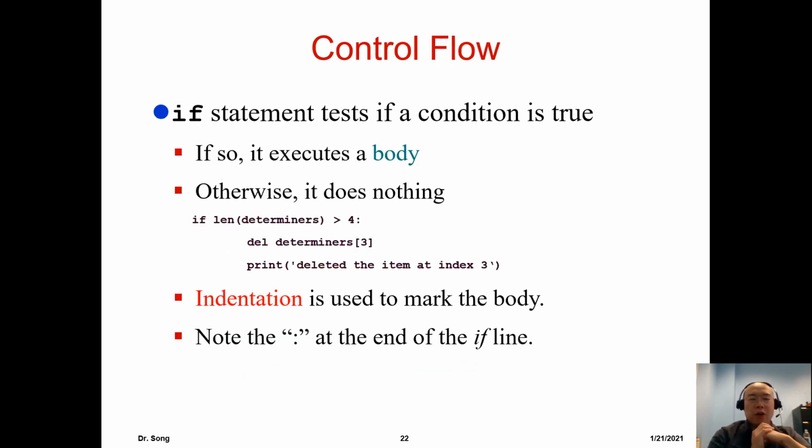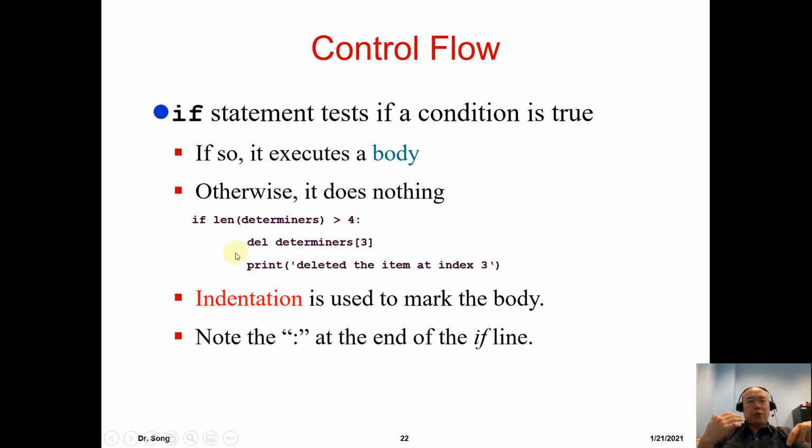So this is something special in Python. And for the control flow, I'm talking about the if and else. So if and then a condition, and in Python we use the colon. The colon means that we are starting a new code block, and a code block is indented a little bit. For example, for an if condition, inside we have 2 lines of code, and they are both indented.